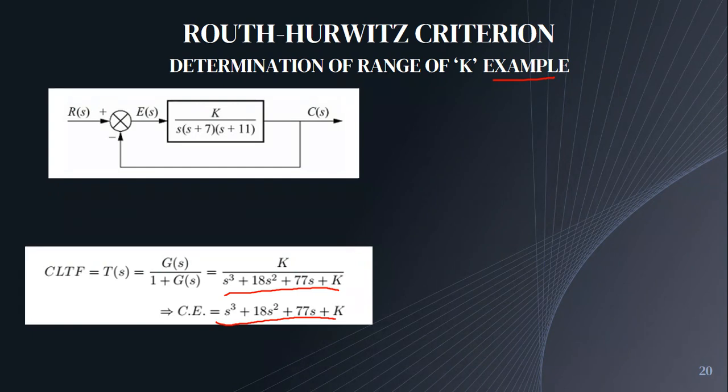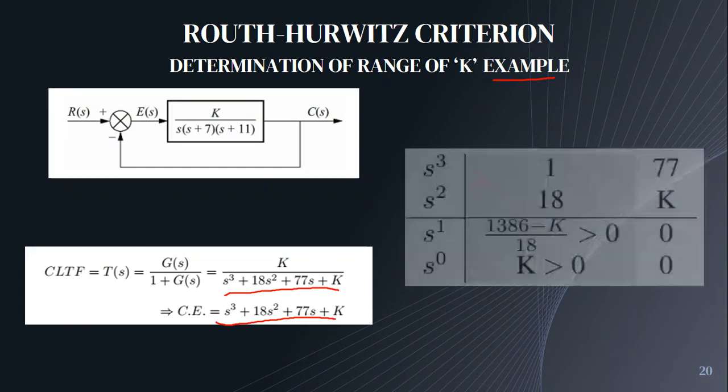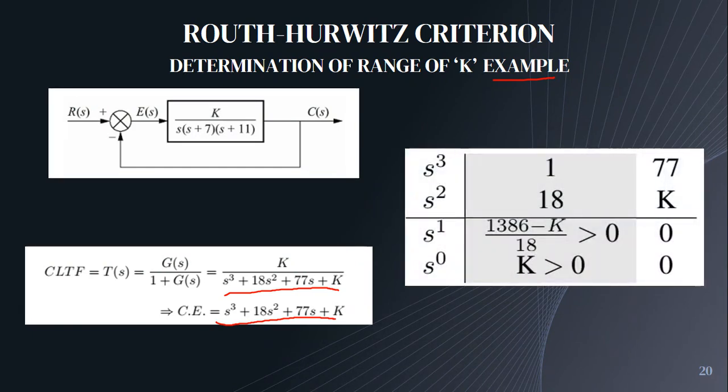And if I substitute this characteristic equation into the Routh's array, you can see I have 1, 18, 77 and k, right? And this a particular first term, 0, 0 and k. So I got two conditions, right? So for the system to become stable, all the elements of this first row should be positive. There should not be any sign change. So all the elements should be positives.